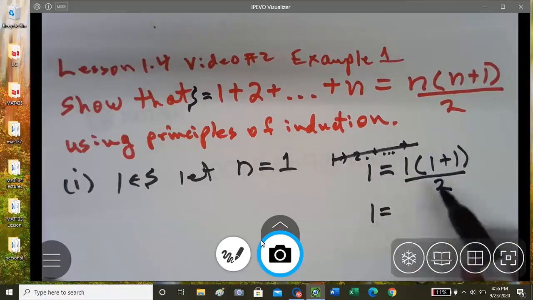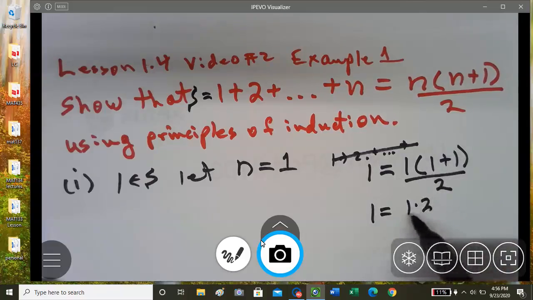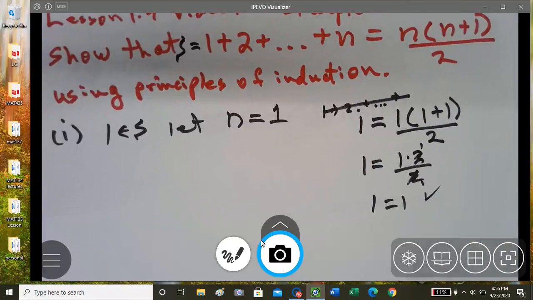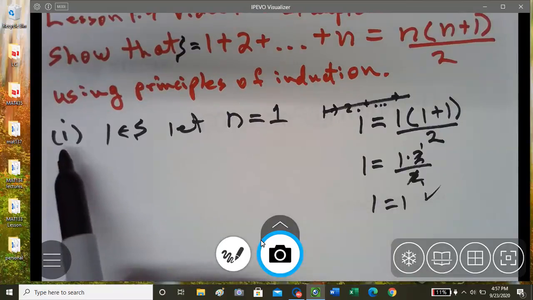So 1 plus 1 is 2, so this is 2 times 1 all over 2. To simplify, we get 1 equals 1. So that holds. Okay, so part 1 is satisfied.